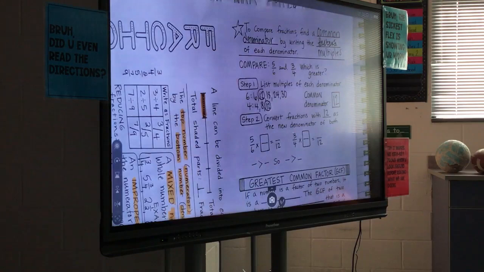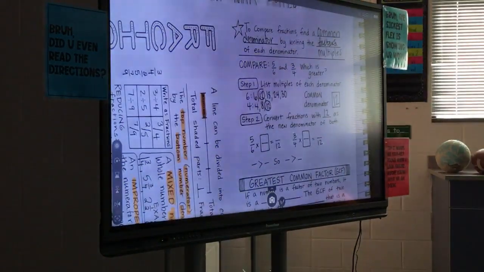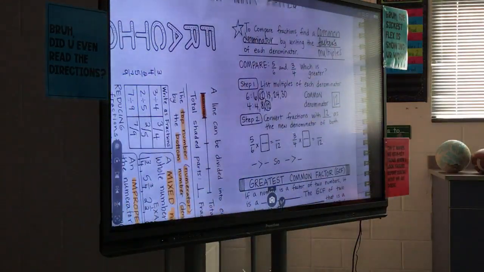What did we just figure out? We just figured out that 12 is the common denominator, so that is correct.